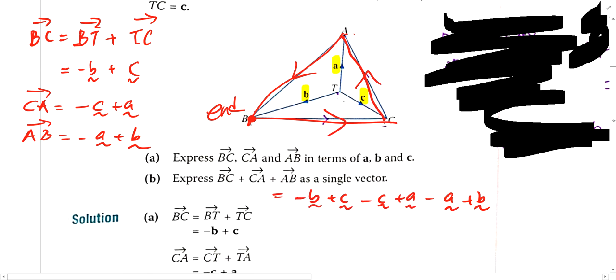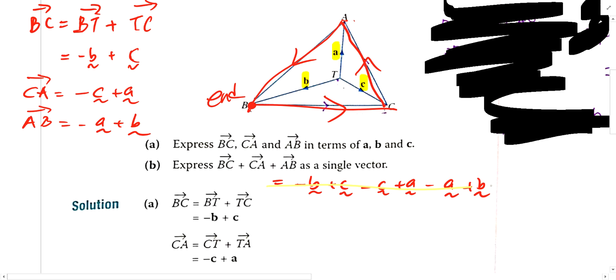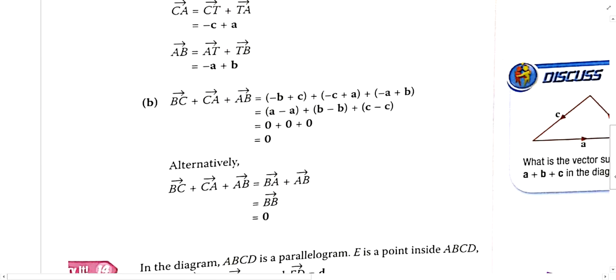What do we get? This one? What do you get? Yeah, it is 0, right? So they all tell us the same thing. When you start and end at the same point, you will get a 0 vector.